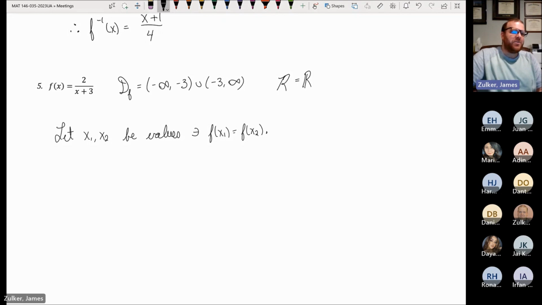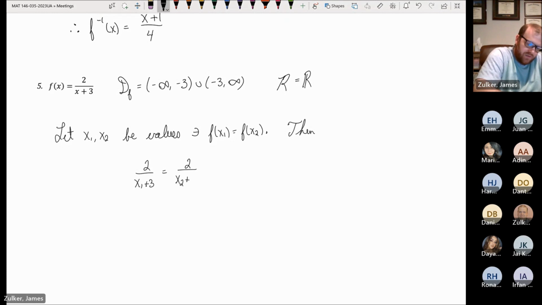Remember, that now means we have to show that it is necessarily the case that x1 be equal to x2. Two over x1 plus 3 has to equal 2 over x2 plus 3.